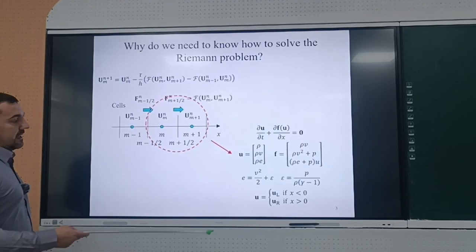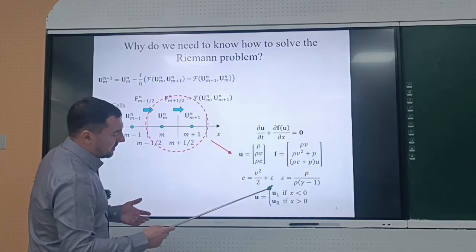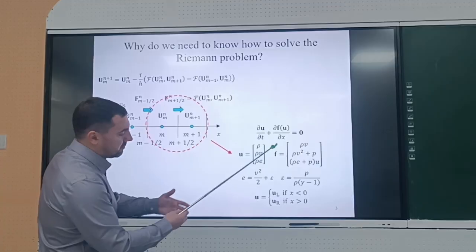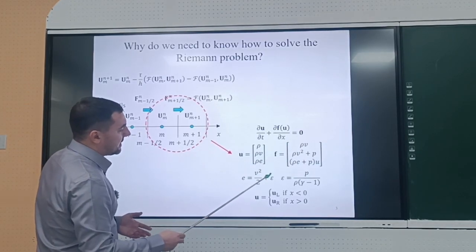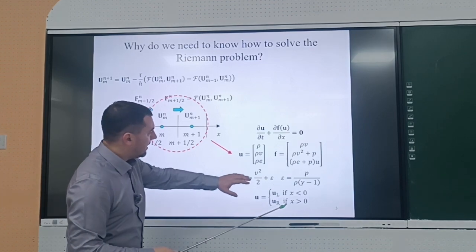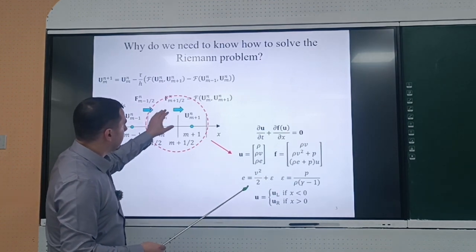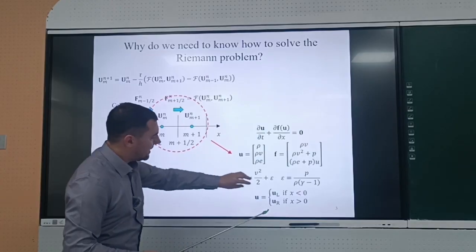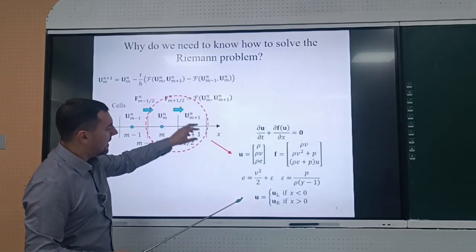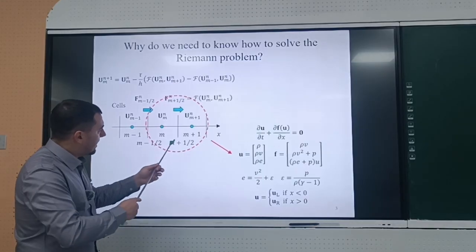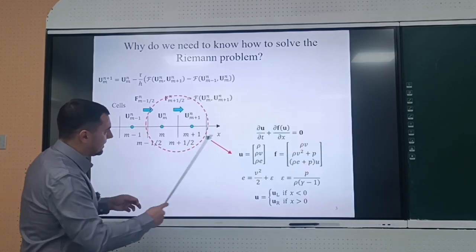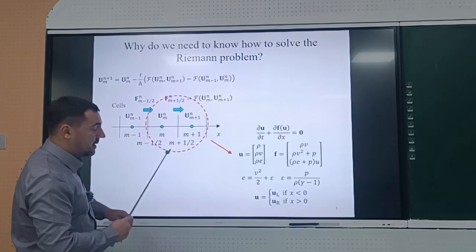The idea is that if we know how to solve this problem, we can consider U_m^n as the left state and U_{m+1}^n as the right state, and we need to know the solution at x equals 0, that is, at the boundary.